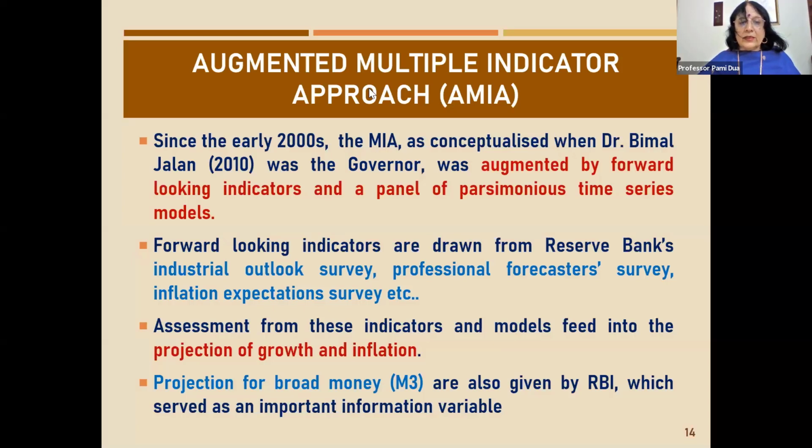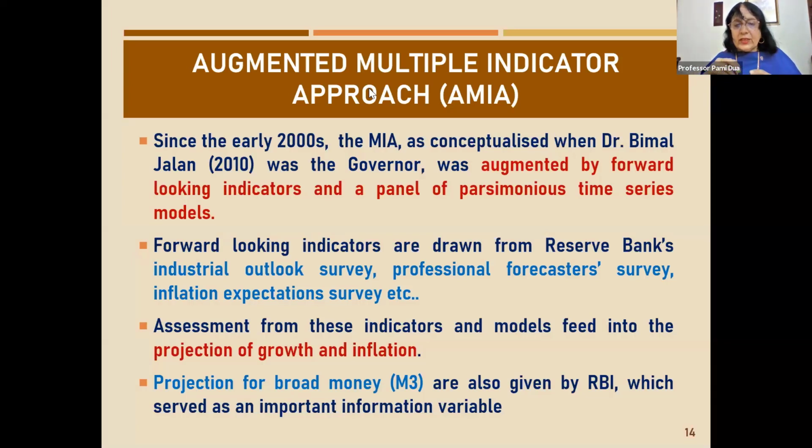And so it was decided that we would take lots of the variables, the quantity variables, the rate variables, the expectations variables, and then we would use some time series model, and based on that, we would make projections of growth and inflation, based on the econometric model.